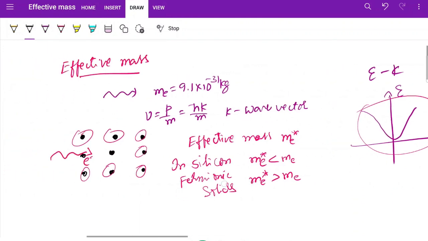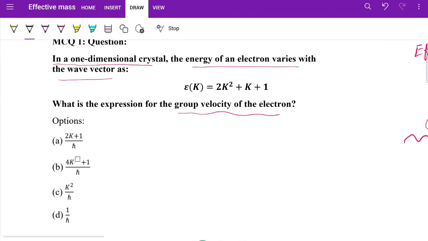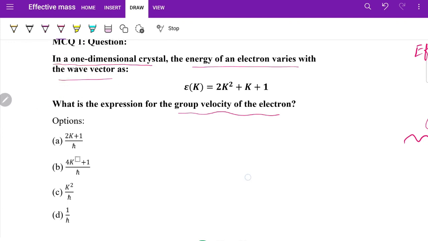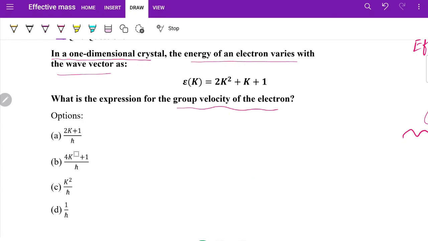Now let us see the first problem. We need to find the group velocity. It is a direct problem. Energy in terms of wave vector is given: 2k square plus k plus 1. The expression for group velocity is v of k equal to 1 by h cut d epsilon by dk.